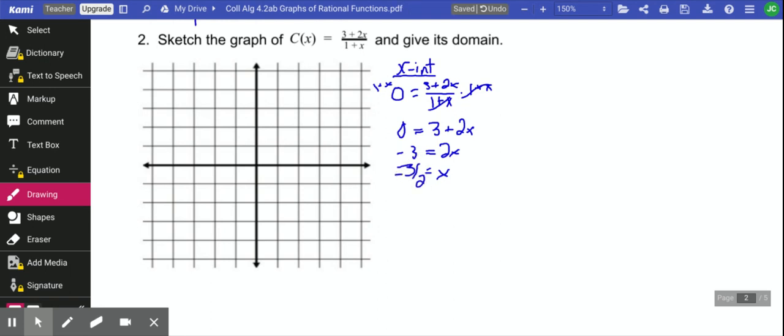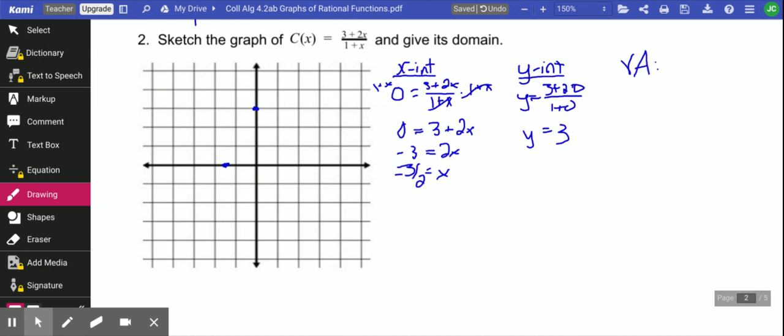That was a negative. Okay, so there's an x-intercept. Now we're going to find the y-intercept. Remember, we find y-intercepts by plugging in 0 for x. So we have 3 plus 2 times 0 over 1 plus 0. So we get 3. All right, we got 2 points on this graph.